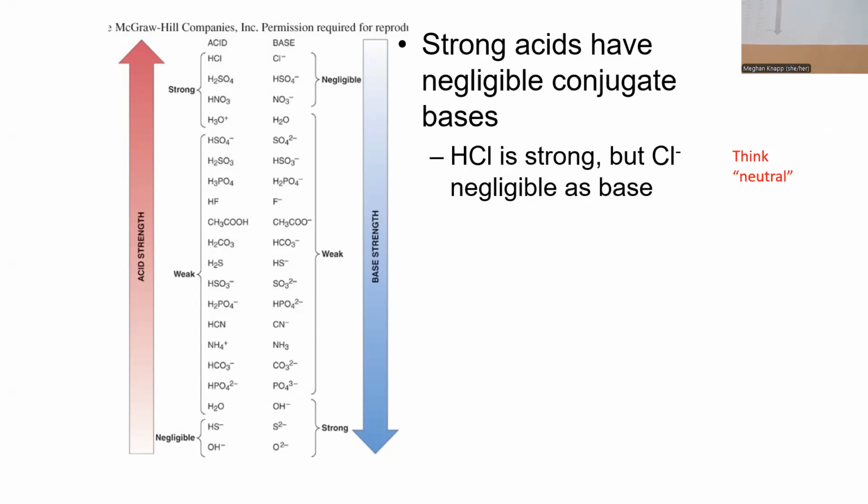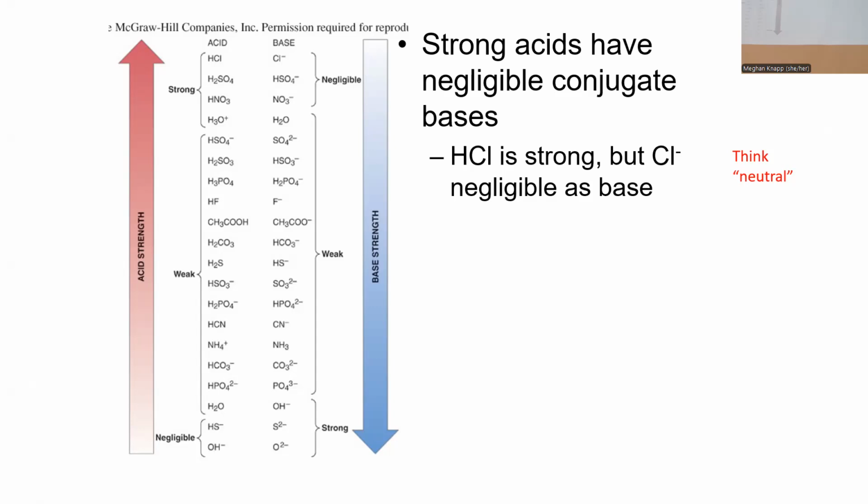Okay, so what we're heading towards is what happens when I take a salt and dissolve it in water. Is the pH going to go up? Is the pH going to go down? We'll have to consider the ions separately to decide what's going to happen. So knowing that I can ignore things like chloride is a good thing. Since HBr and HI over here are also strong acids, I can ignore bromides and iodides. I can also ignore nitrates and perchlorates.